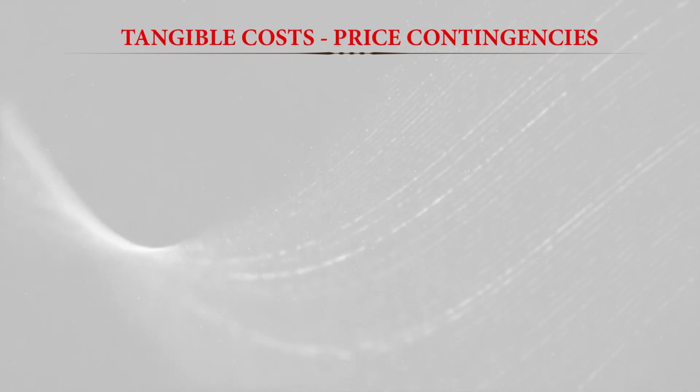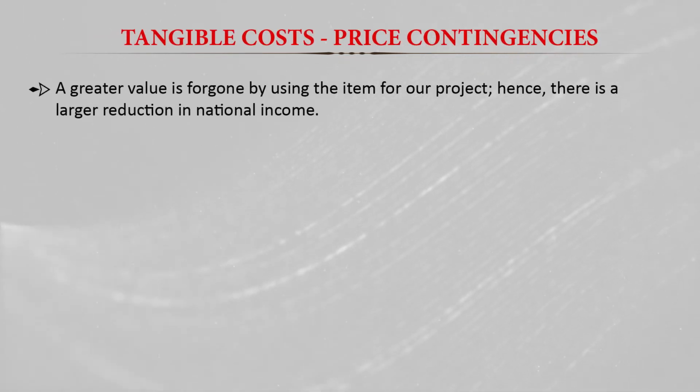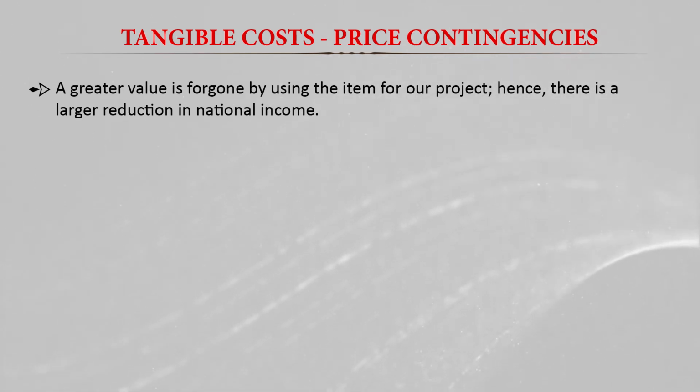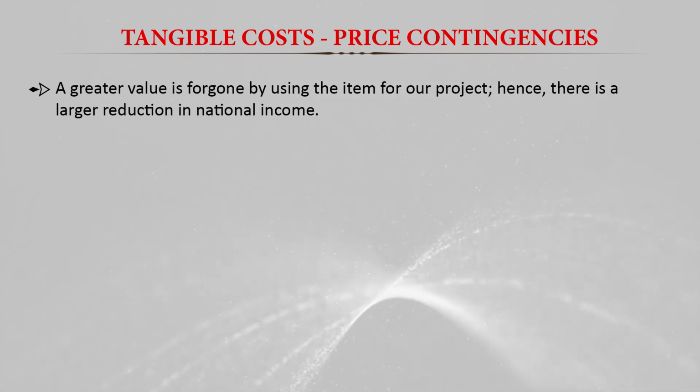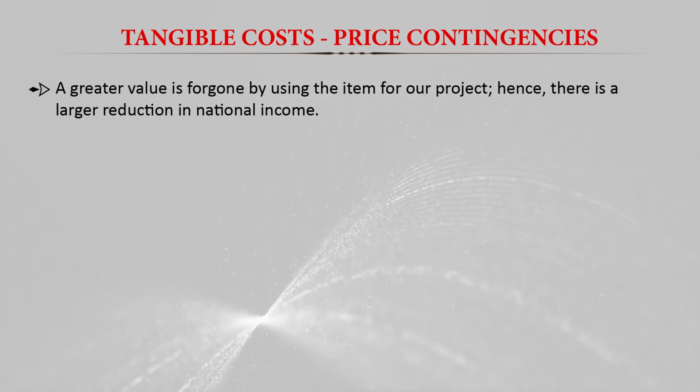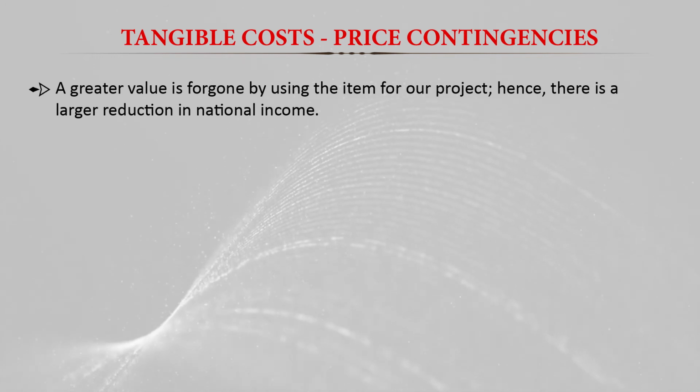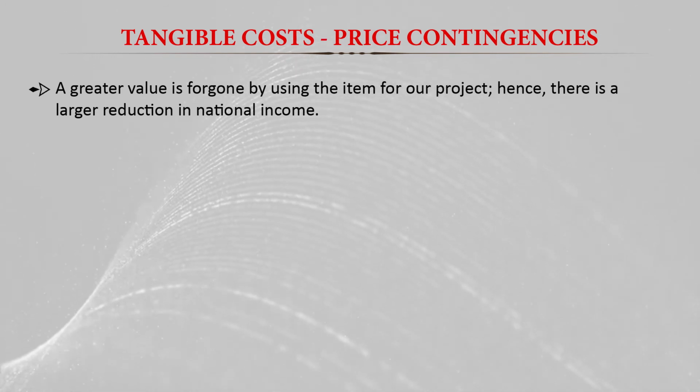And then when we talk about the price contingency, basically a greater value is foregone by using the items for our project. Hence there is a large reduction in the national income if the cost of the items or services which we are using increases, so it will reduce our national income.